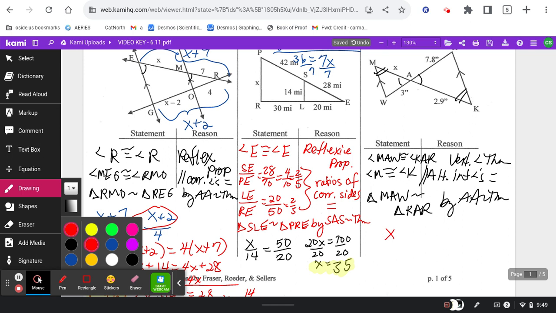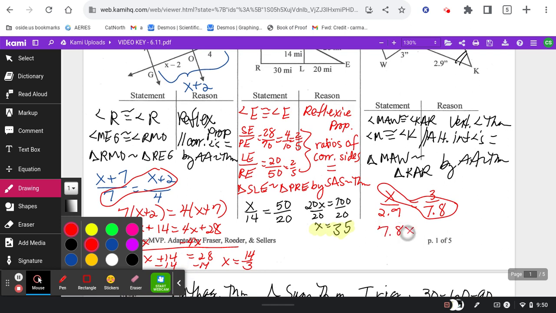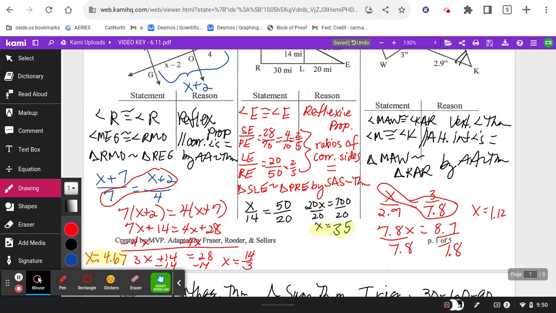Now we go left is to right as left is to right. 7.8x equals 3 times 2.9, 8.7. 1.12 inches.